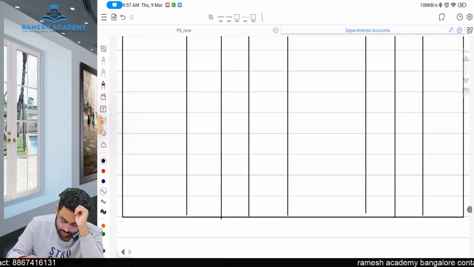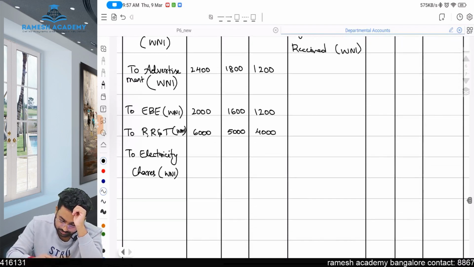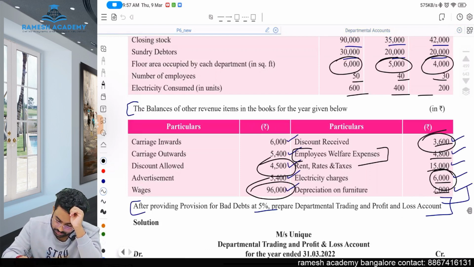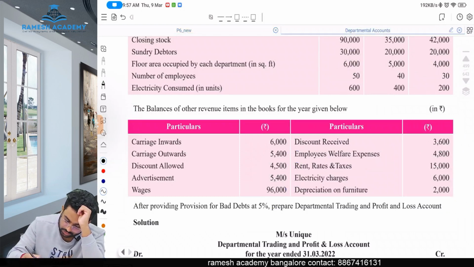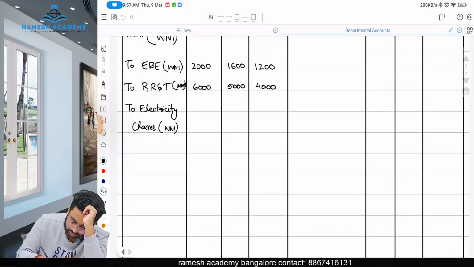So electricity, how much was it? It was 3:2:1, no? So it was around 3,000, 2,000 and 1,000.